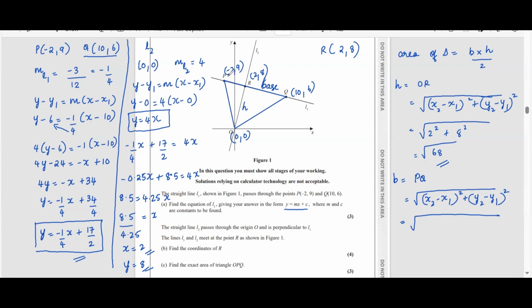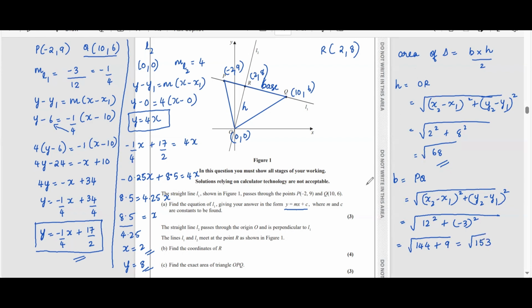Let's take (-2, 9) as x1, y1 and (10, 6) as x2, y2. So 10 minus minus 2 is 12, 12 squared, plus y2 minus y1, 6 minus 9, that is minus 3 squared. 12 squared is 144 and 3 squared is 9. We get the square root of 153.